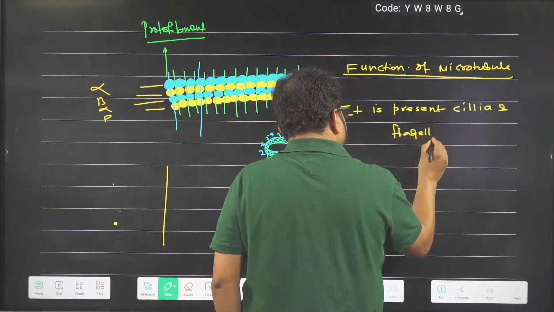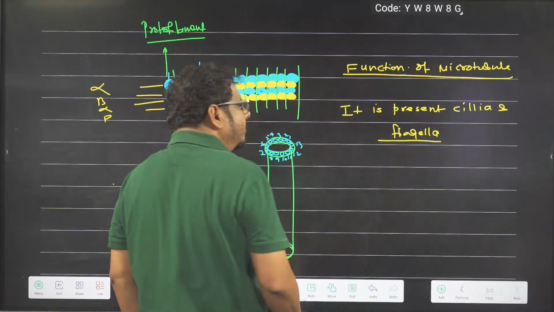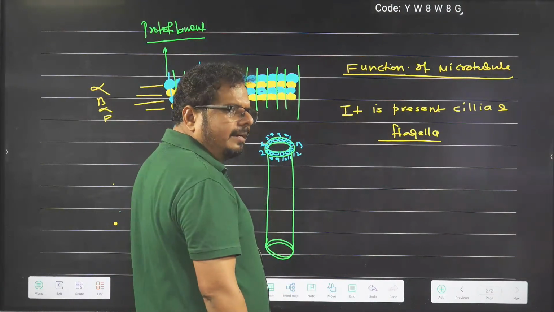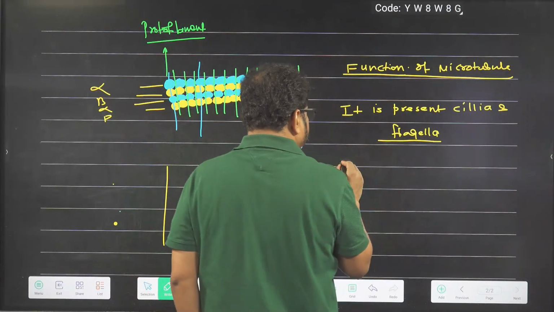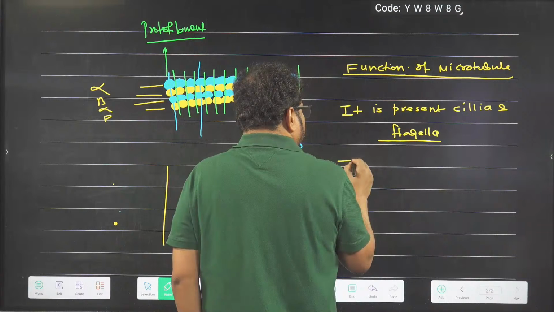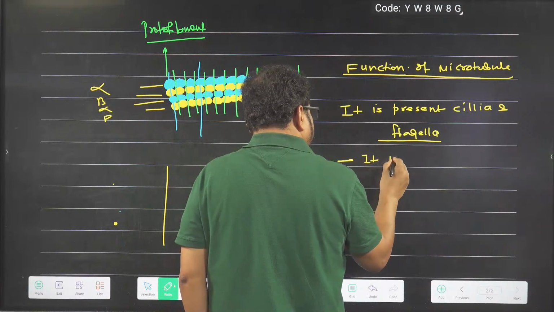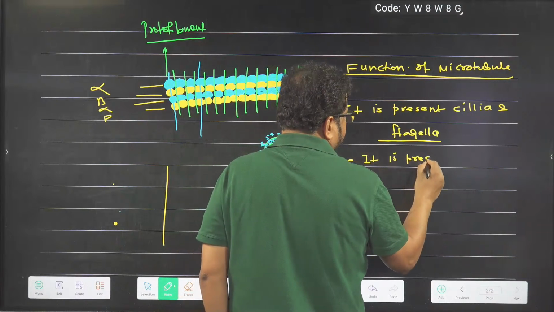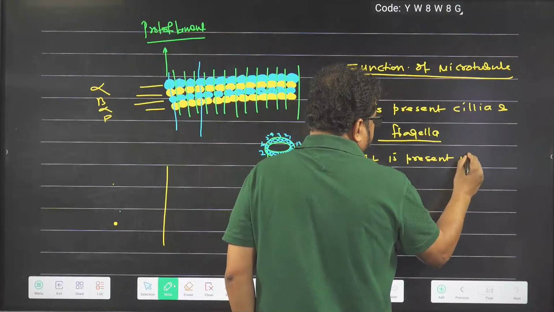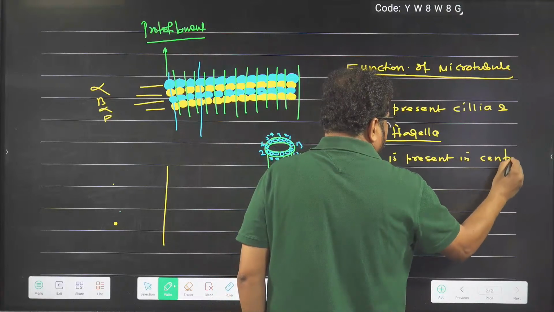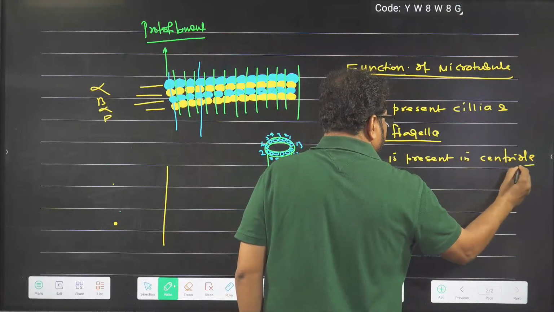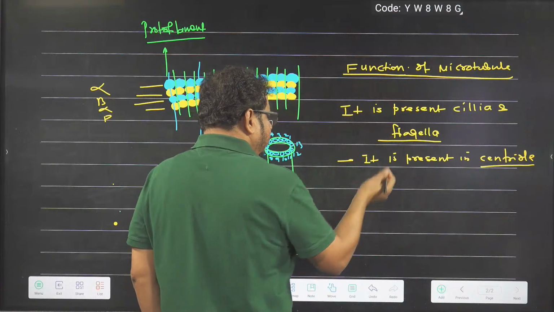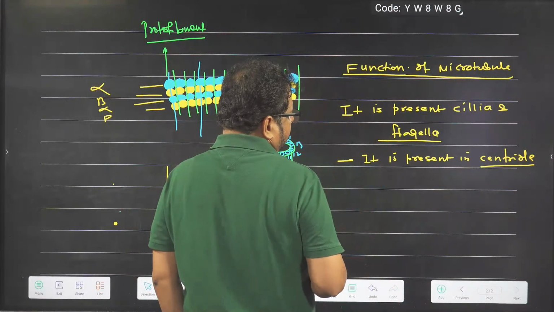So if anything present in cilia and flagella, it has a role in movement, na? Understand the idea? It is present in cilia and flagella. Right? It is present in centriole. Centriole is also made up of microtubule. Centriole has a role in cell division. Got the idea? Is it clear in the mind?